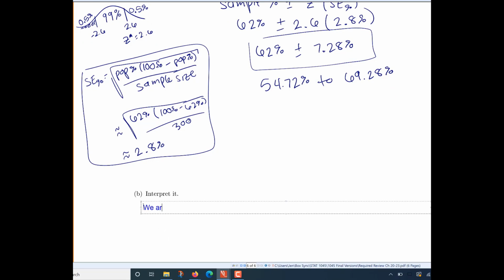So we are 99% confident that the population percentage, or the percentage of all, is between 54.72% and 69.28%.